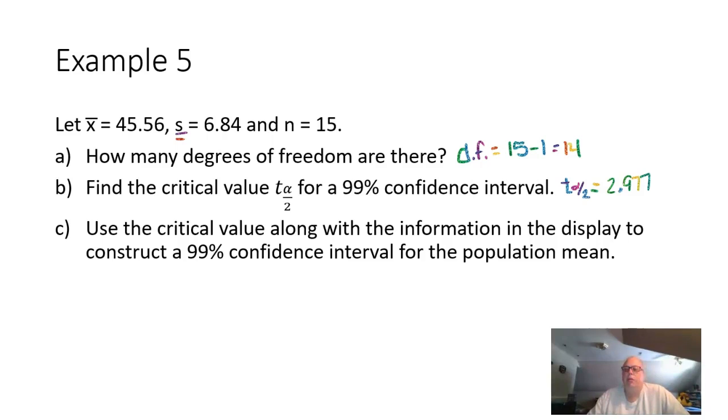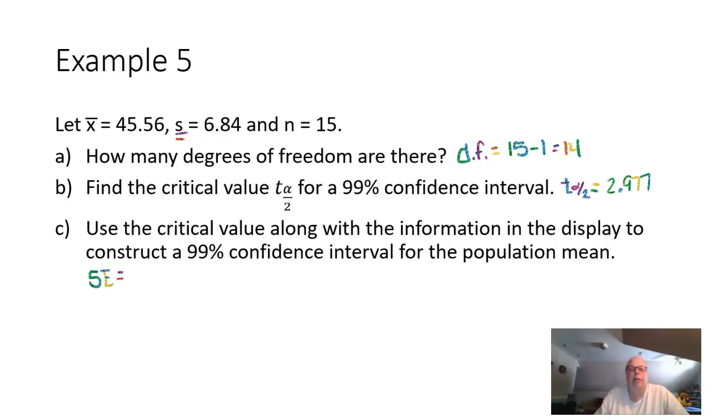Use the critical value, this is part C, along with the information in the display to construct a 99% confidence interval for the population mean. Okay, we need a standard error because we're going to have to get to the margin of error in order to have a confidence interval.